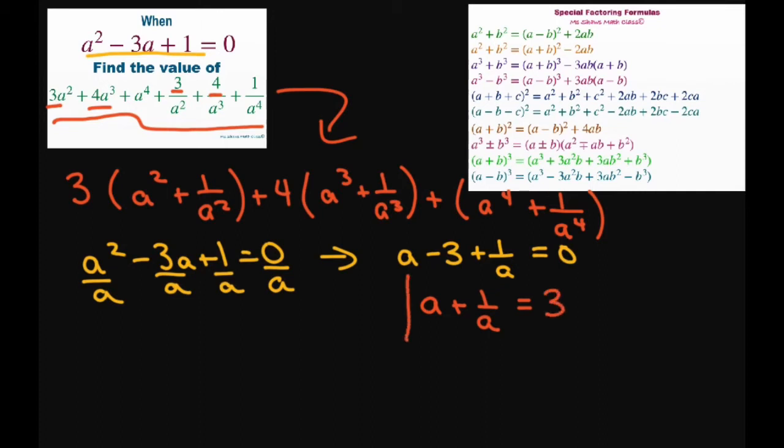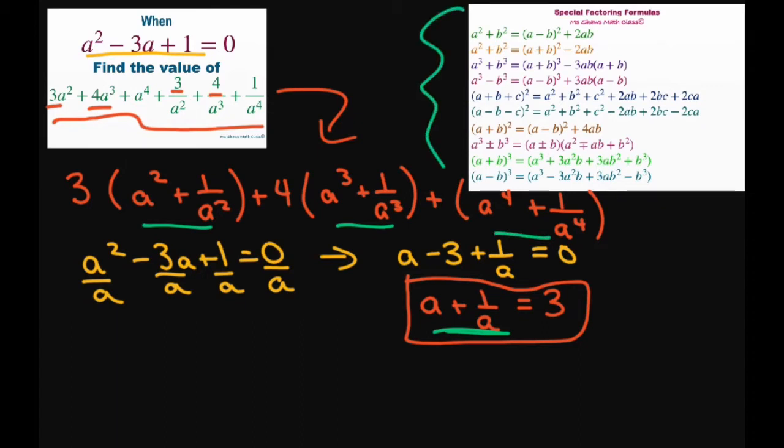The reason we did that is because this term looks a lot like what we have here. And we're going to use these special factoring formulas to help us out.